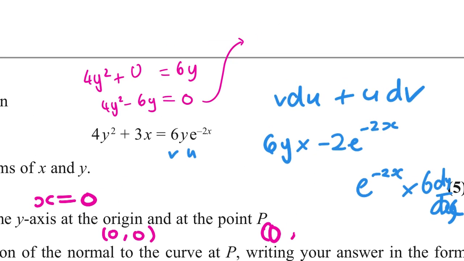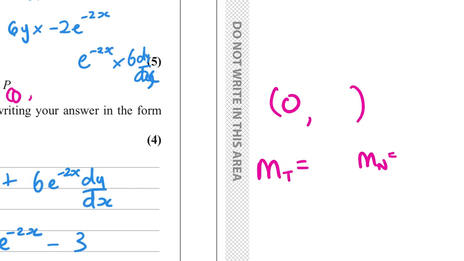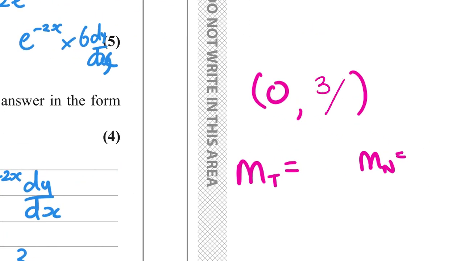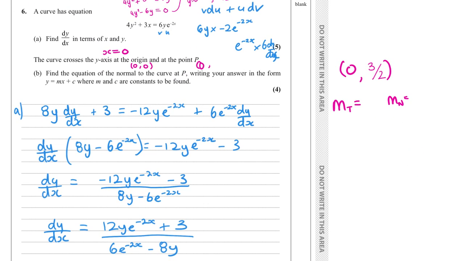Okay? So we can take out a factor of 2y, bracket, 2y minus 3 equals 0. So we have y equals 0 or y equals 3 over 2. We already know that y is 0 for one of them. So my other point is 3 over 2.